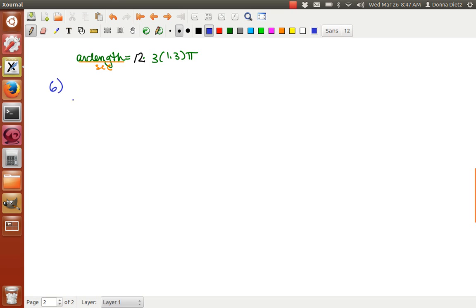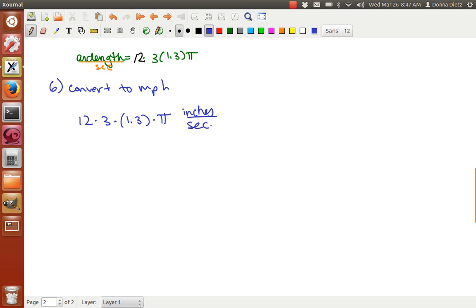Okay, convert to miles per hour. So we have arc length is in inches per second, so 12 times 3 times 1.3 times pi, and this is in inches per second.